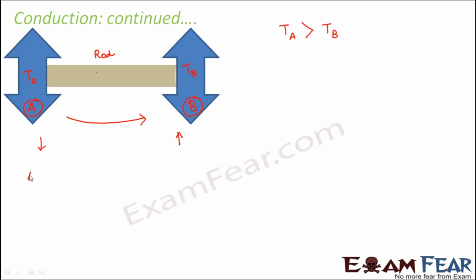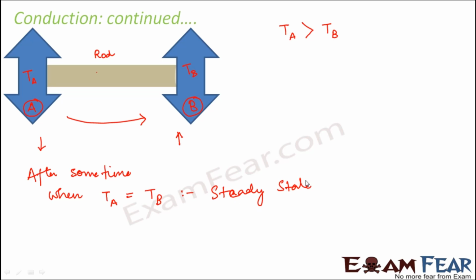Now after some time, what will happen? After some time, the temperature of A and the temperature of B will become equal. And when the temperature of A becomes equal to the temperature of B, we say that a steady state has been reached. Steady is like stable.